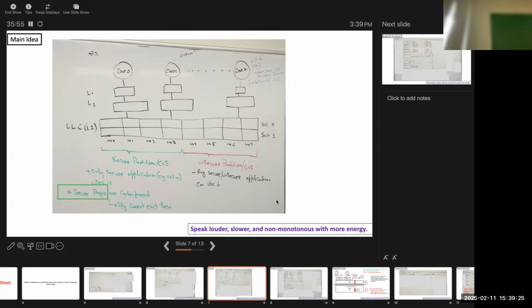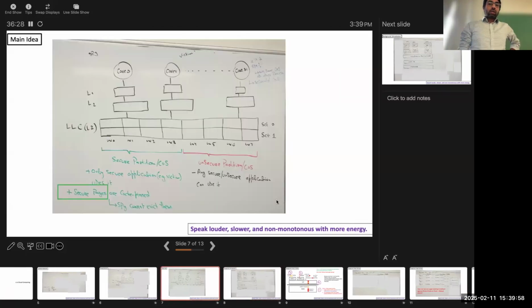Even if CAT is not supported in the architecture or hardware, you can still do the locking, but the idea is similar. You can say, I am locking this particular cache line, and now no data can be evicted out of it once I have placed my data. So the idea is similar to locking.